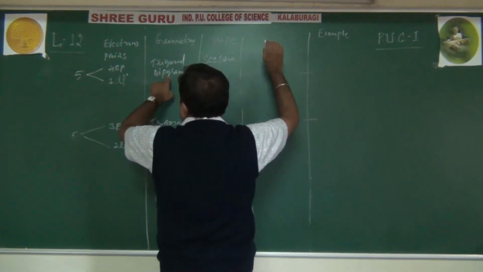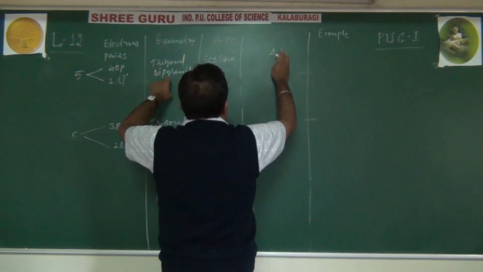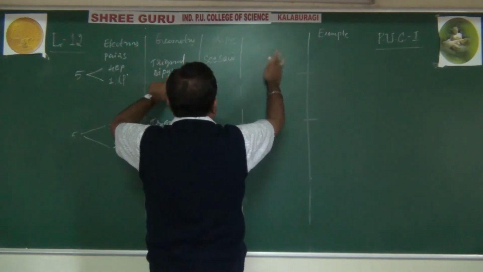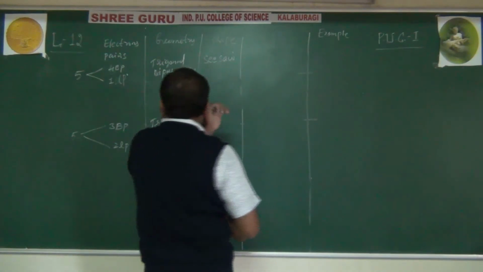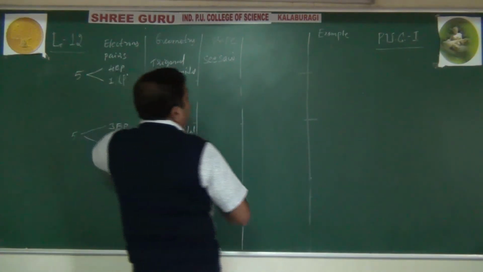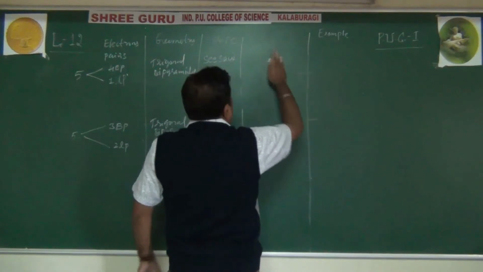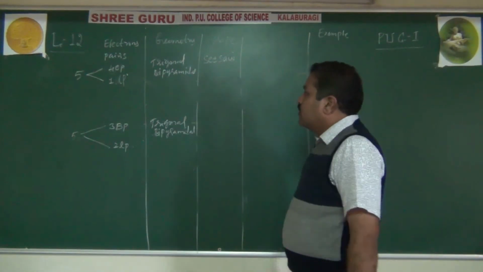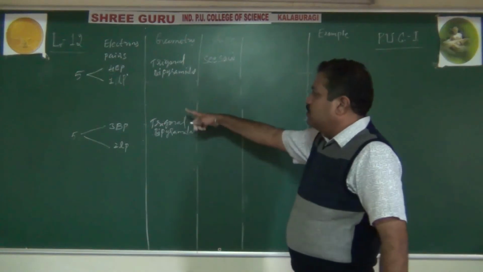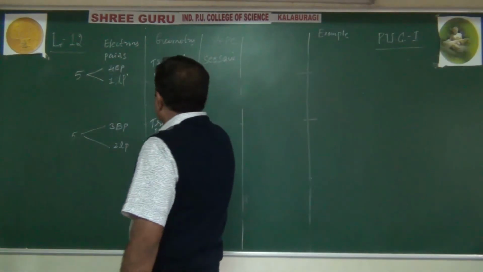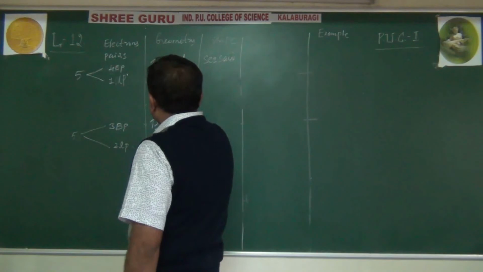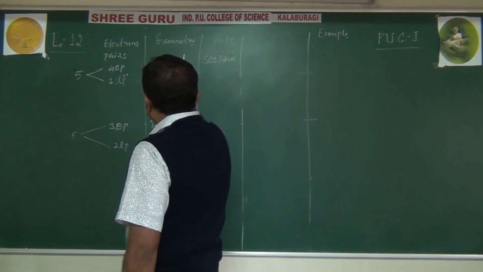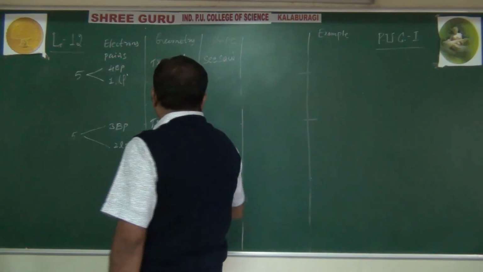See, the actual geometry should be what? Seesaw shape. What is the seesaw shape? The example is SF4. The expected geometry is trigonal bipyramidal. How are they arranged? Like this, A at the center, 3 bonds equatorial, 2 above, 2 below.